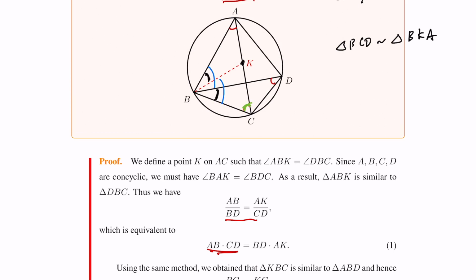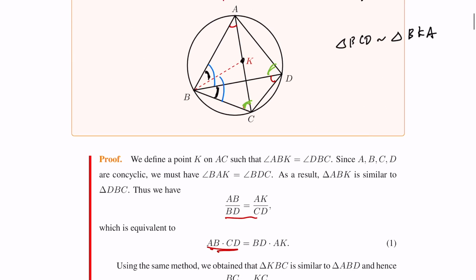This green angle is equal to that green angle. Therefore, we have another pair of similar triangles, namely KBC and ABD. They are similar because they have two pairs of corresponding angles that are the same.